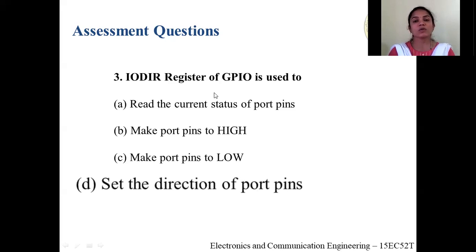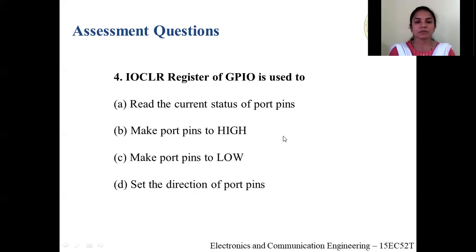By using IODIR, we can set the port pins as output pins as well as input pins. If we configure value 1 on port pins by using IODIR, those pins act as output pins. If we configure value 0 on port pins by using IODIR, that makes those pins input pins.